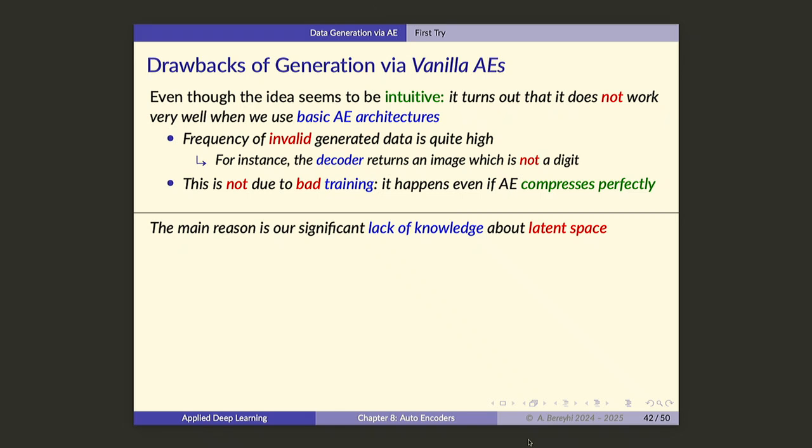The conclusion was that the main reason is what we call the lack of knowledge about the latent space. You guess that your latent space is like this, but if you do a very exhaustive numerical experiment, you're going to see that your guess is very wrong.